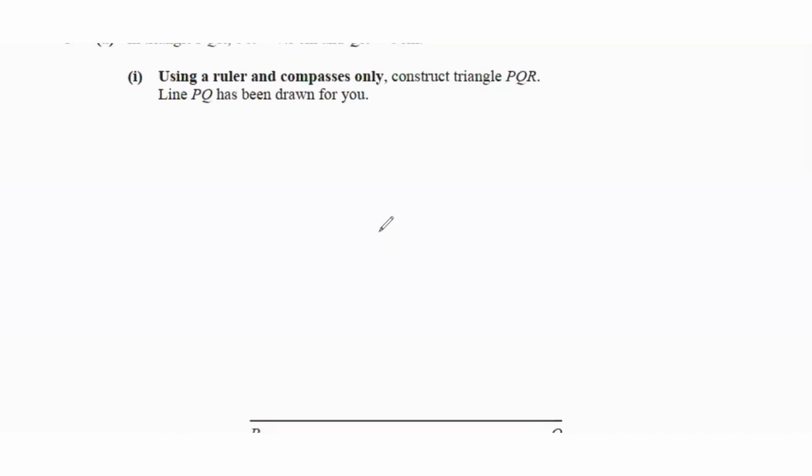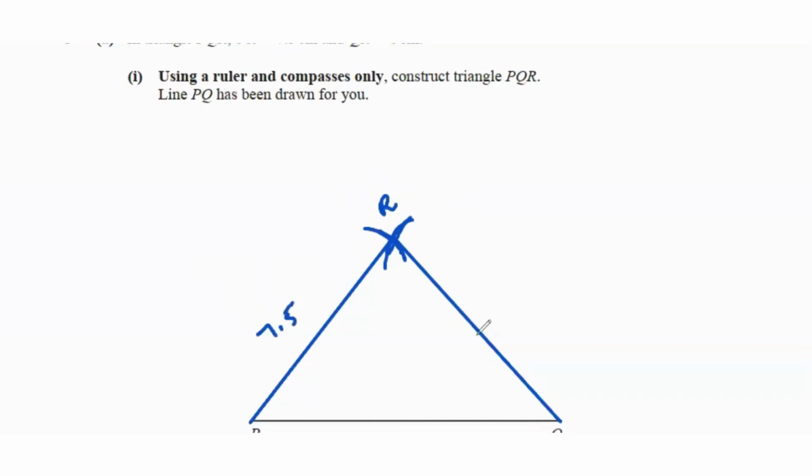And then we put the compass again at Q, but open it to 6 centimeters now and draw another arc from here. And those two arcs will give us the placement of R, which would be over here. That's 7.5 and that is 6.